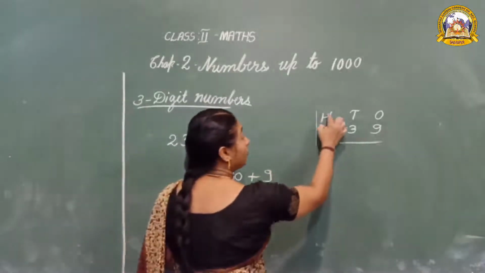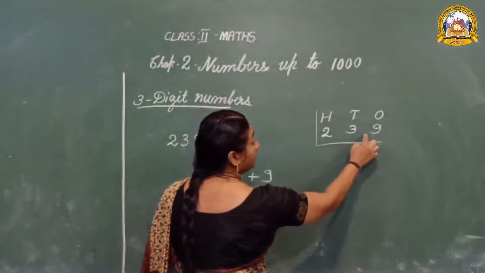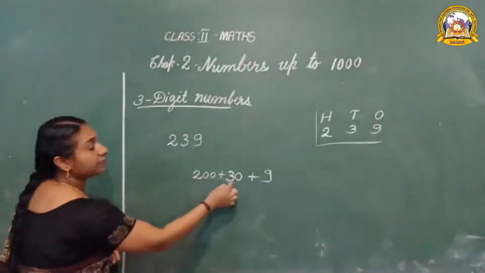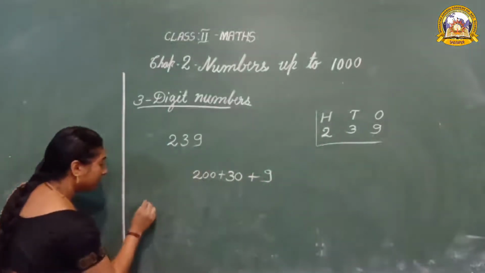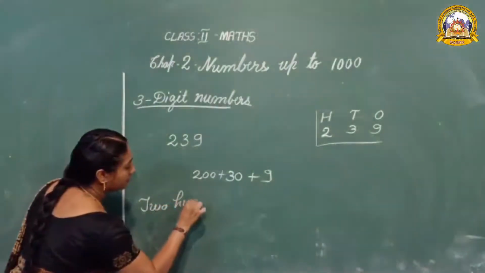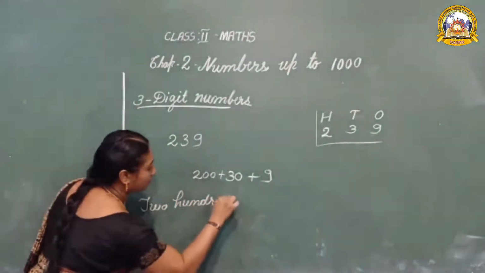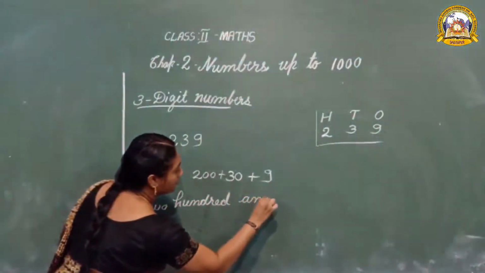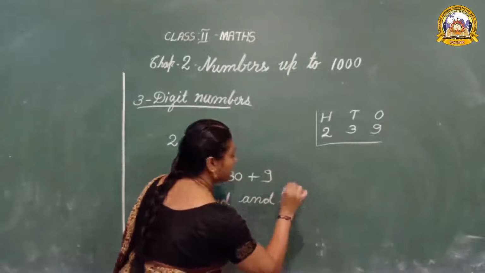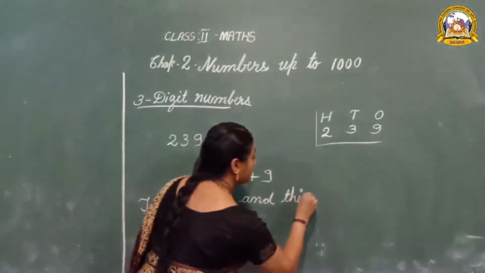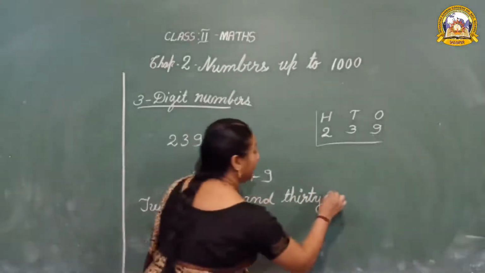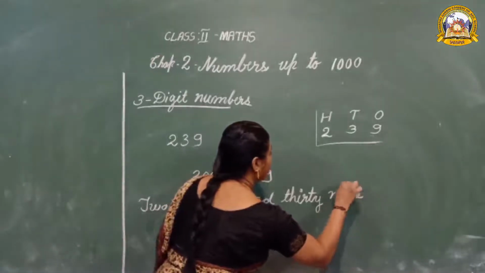Say 239. How can we read it? 239. 200 and 30. How do we spell 30? THIRTY. Then 9, NINE.